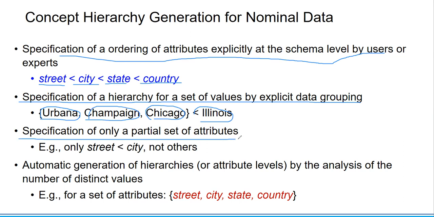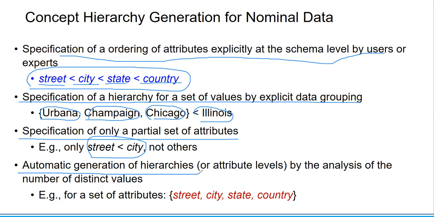There can also be a specification of only a partial set of attributes, which means I do not use all those concepts. I use only street and city, for example. If we have this kind of specification, we can automatically generate the hierarchy or the attribute levels. In this case, I have street, city, state, and country. So every datum will be distinguished into four levels: the first is street, the second is city, then state, and then country.